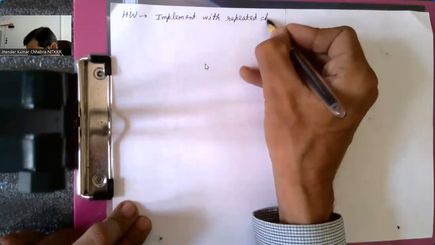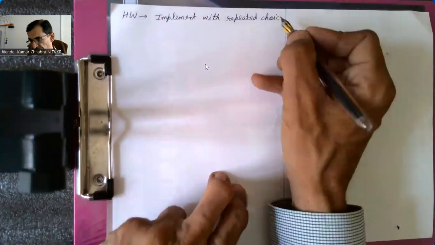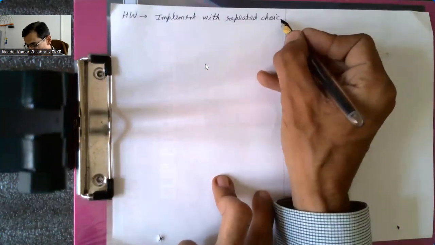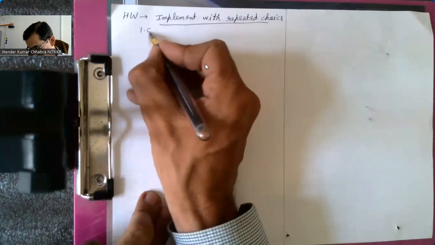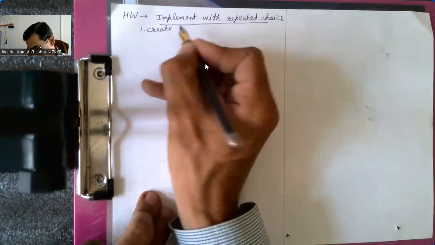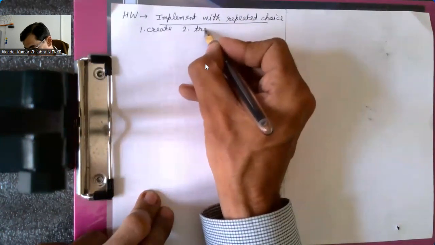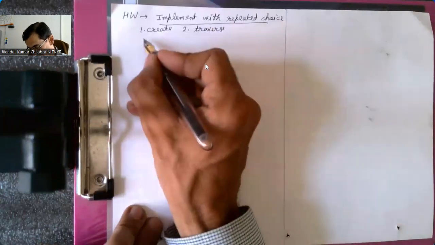Insertion after delete, delete after insertion, insert at certain position, again insert at another position, delete at position 1, again delete at position 1, again delete at position 1, etc. So repeated choices for, let's say, create. Without create, even I can execute a traverse and then also it should work. Without create, I try insertion at the beginning, that should also work.